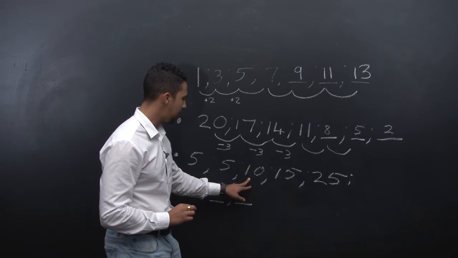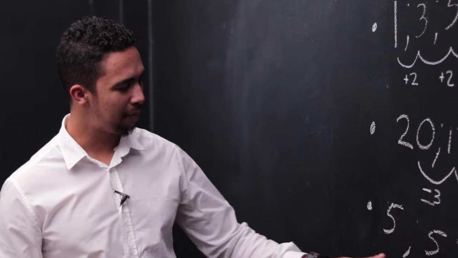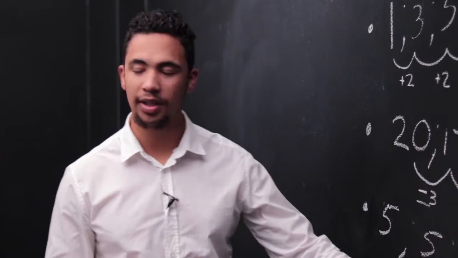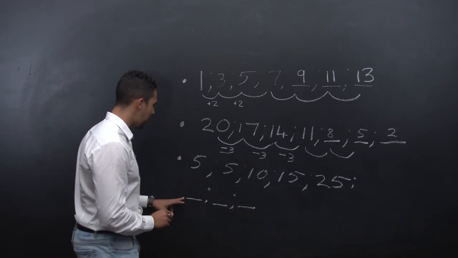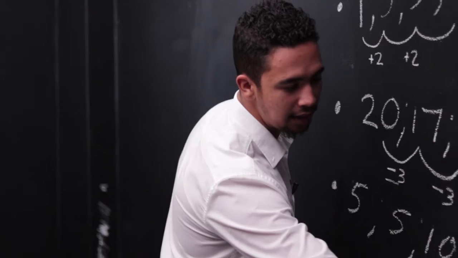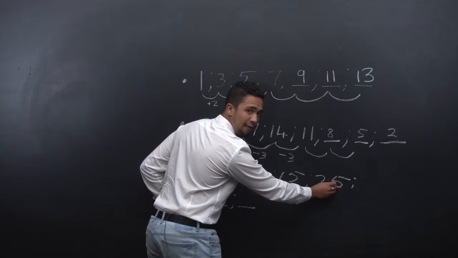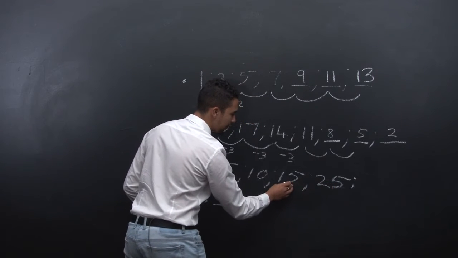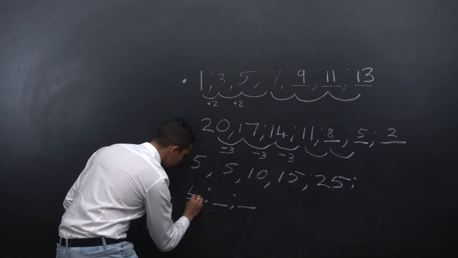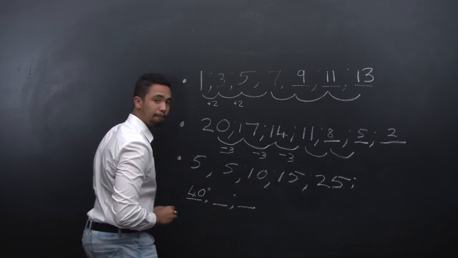5 plus 10 gives me 15. 5 plus 5 gives us our 10. So let's apply this theory to find out what these 3 values are. So the next number after 25 will be 25 plus our previous number, 15, and that will give us 40.